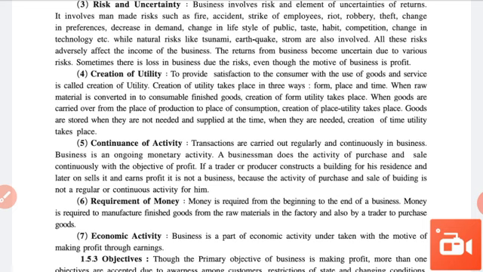But a normal trader or producer constructs a building for his residence and then sells it. So it is not called business because it is not a regular, continuous activity.